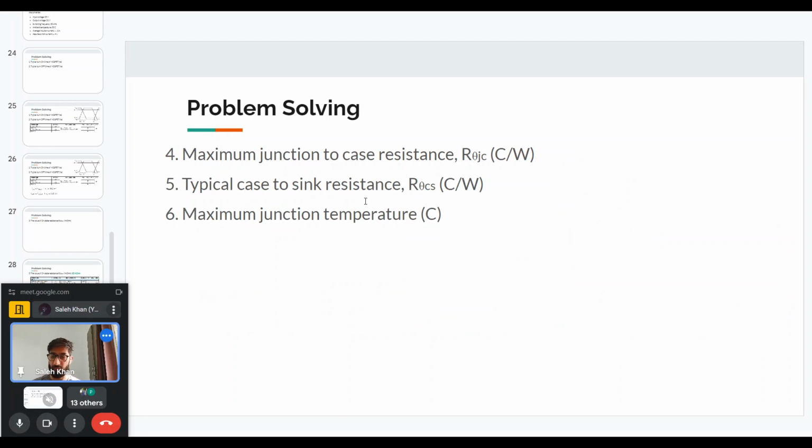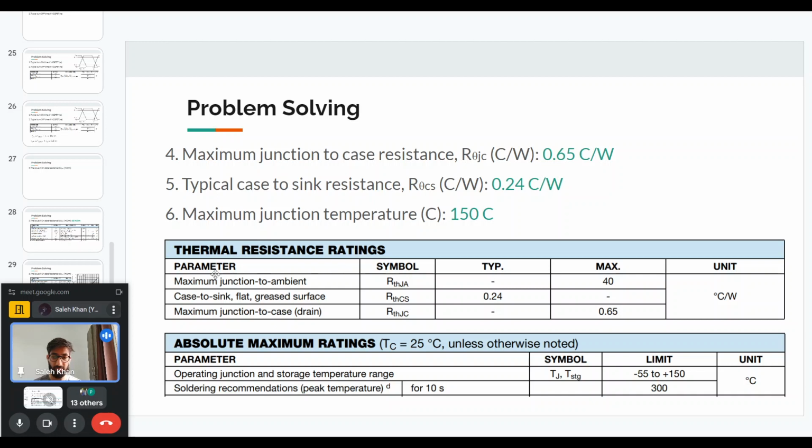Next, we are asked to find the maximum junction to case resistance, the typical case to sink resistance, and the maximum junction temperature. These we can again find from the data sheet. It gives us the maximum junction to ambient, but we will not use it here because we will be using a heat sink.